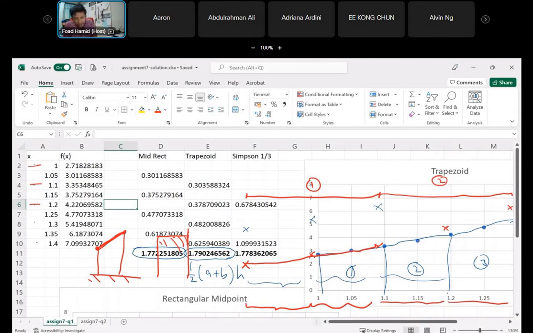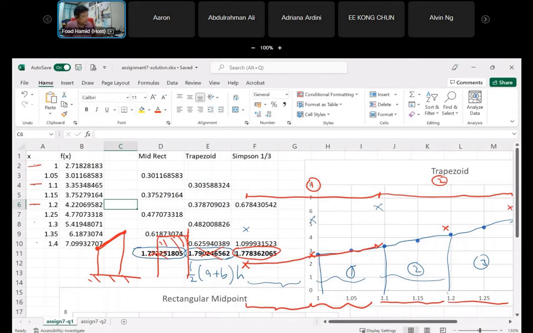So definitely this is out. This is 177 2. This is 1778. So this one is out. So you can see that Simpson 1/3 rule is the most accurate approximation.